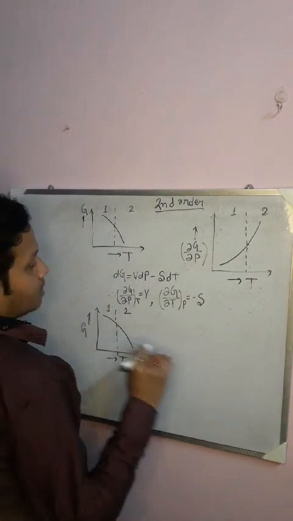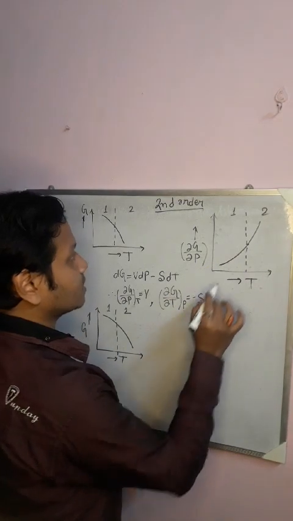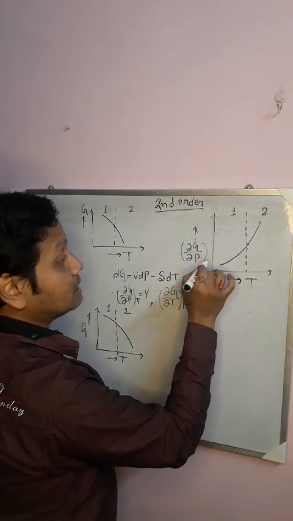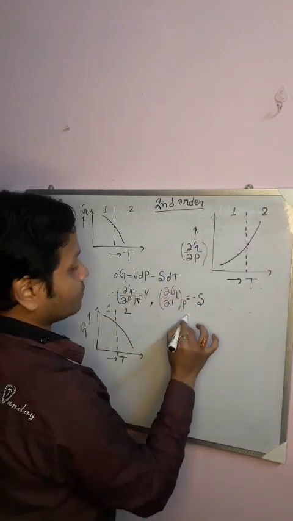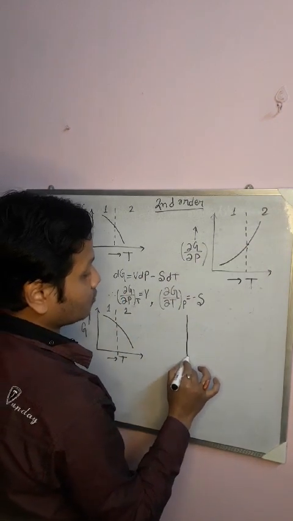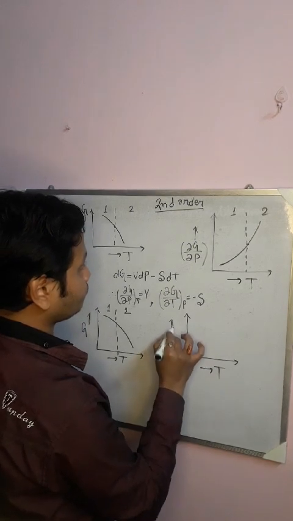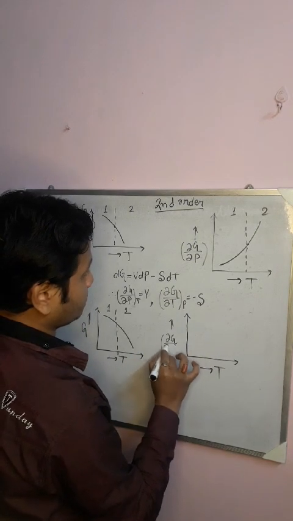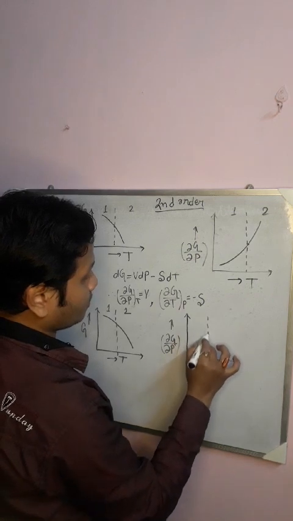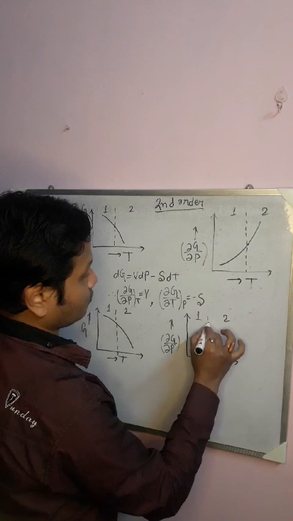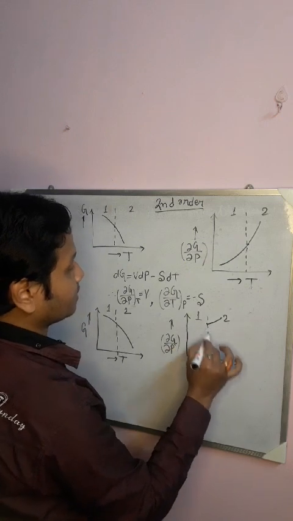But in first order phase transition, the first order derivatives of G show a discontinuity, like this, at the transition point.